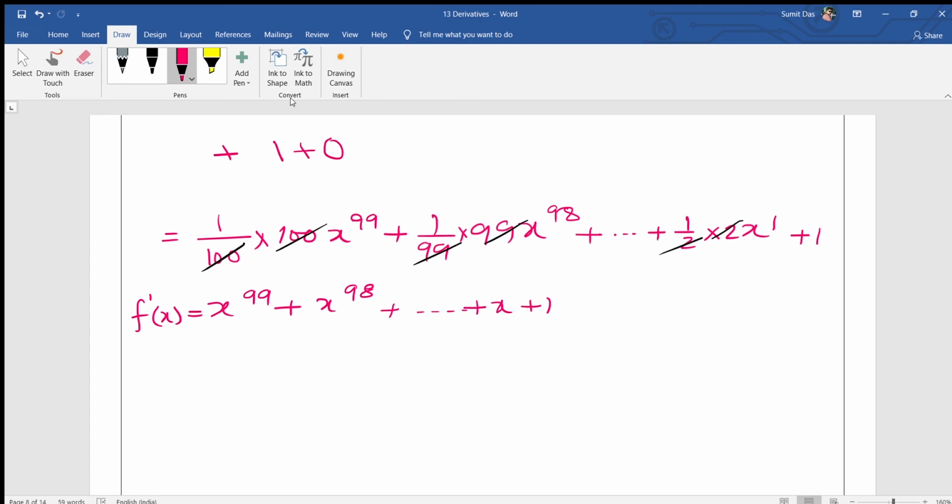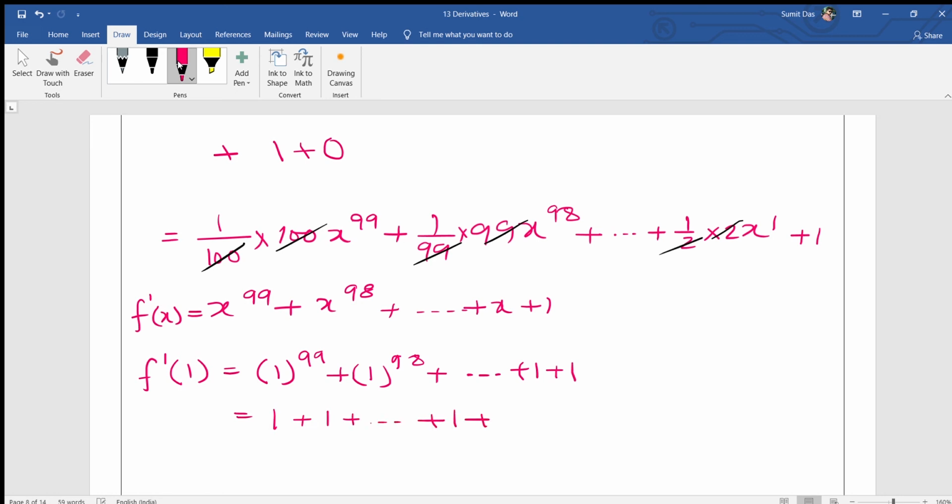So what will be f dash 1? We have to replace x by 1 in each case. So you have to write 1 to the power 99, 1 to the power 98, continuation, 1 plus 1. 1 to the power 99 is 1, and 1 to the power 98 is 1. Continuation, 1 plus 1. Can anyone tell me what will be the sum of this?